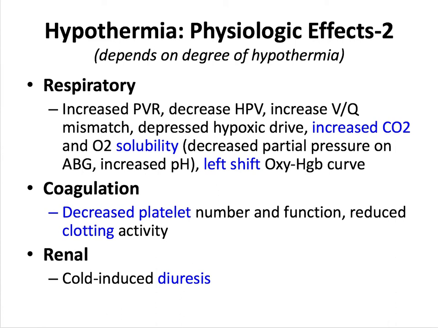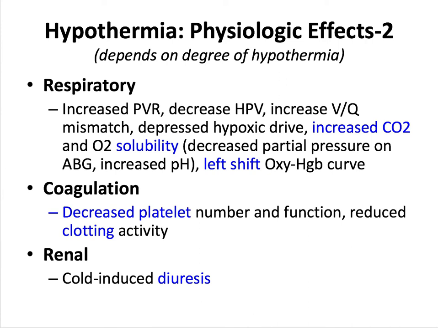And if you draw a blood gas from a patient who is cold, the partial pressure of CO2 and oxygen actually goes down because these gases are more soluble at cold temperatures. And so on your blood gas, the partial pressure of oxygen and CO2 goes down, and the pH actually goes up, and we'll show that in another slide next.